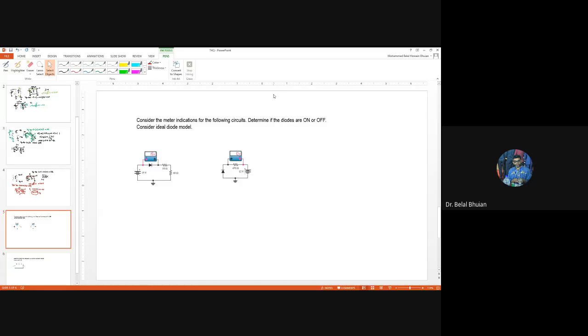Now we find the voltage across the diode. In this case, what is the voltage across the diode? 15. So what does that mean? If we apply KVL around this circuit, we get plus 15, and then let's say current is I. Then the voltage drop across the diode is also 15.